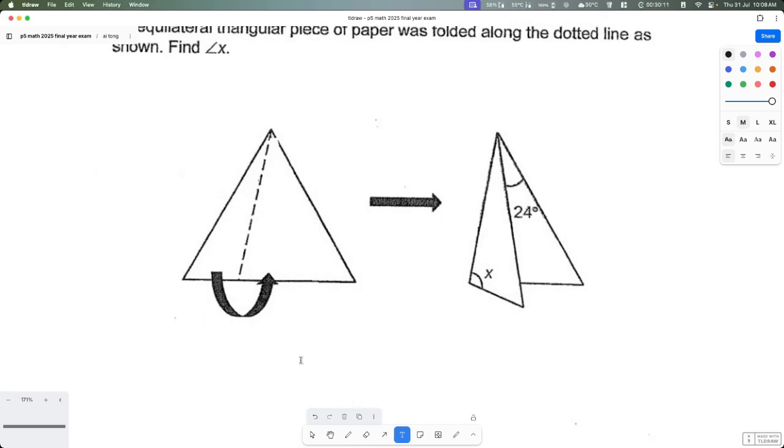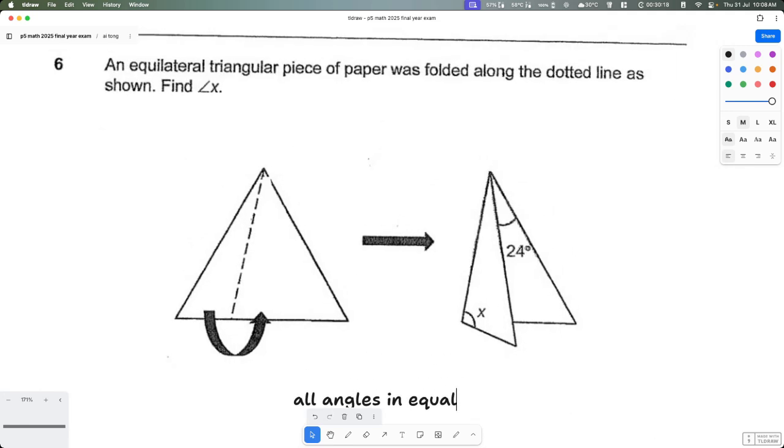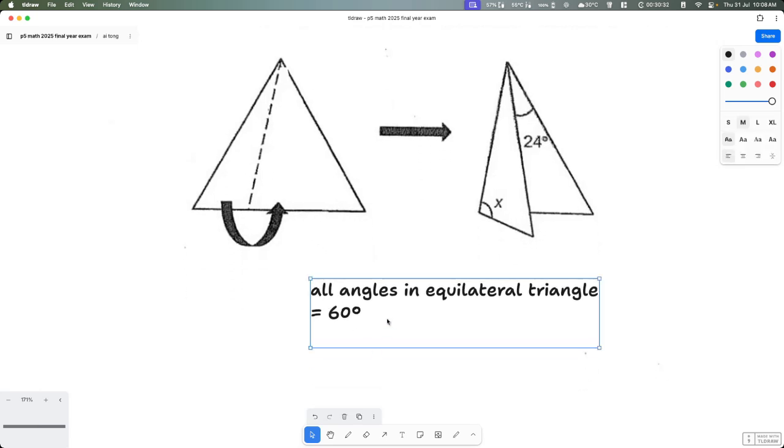So if I were to write here, all angles in an equilateral triangle are equal to 60 degrees. So we know that these are all 60.